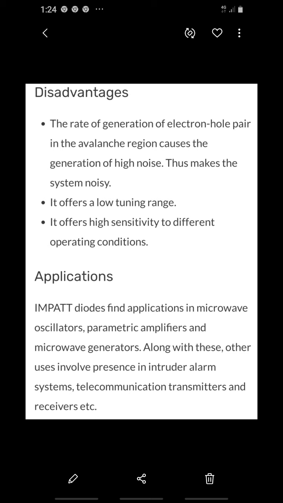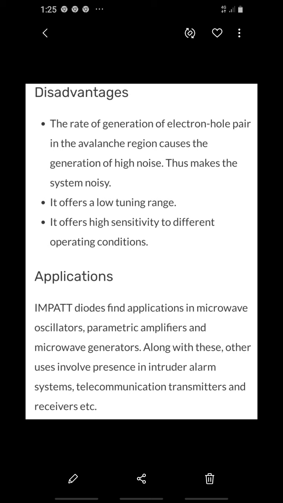So these are today's topics: TWT, principle, operation, and applications. And the next, need for the microwave semiconductor devices.